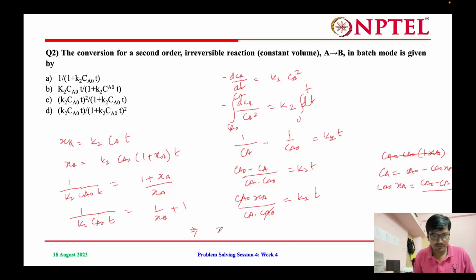So XA is equal to CA0 k2 t divided by 1 plus CA0 k2 t. Now check the options here: option A, option B is no. So yes, option A.